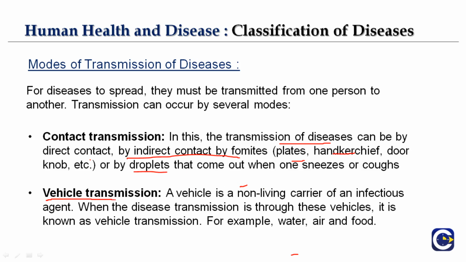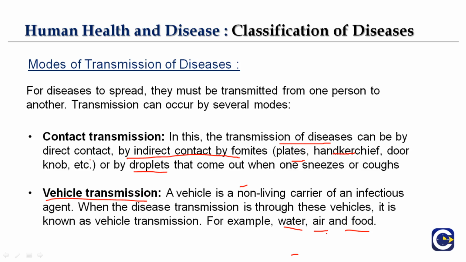Next is vehicle transmission. A vehicle is a non-living carrier of an infectious agent. So when the disease transmission is through a vehicle, for example, contaminated water, air and food. I told you, predominantly protozoan diseases spread easily because of contaminated food and water. Let me give you an example.